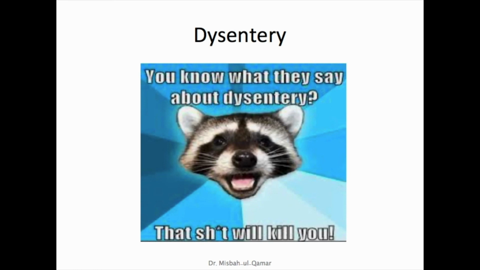Dysentery is one hell of a nasty disorder in which acute inflammation of large intestine is characterized by frequent loose stools mixed with blood and mucus, and this could become fatal also.